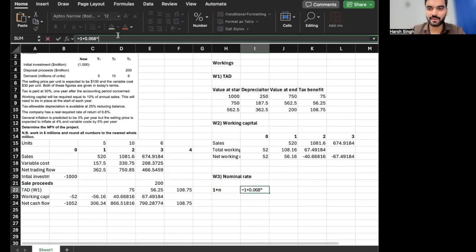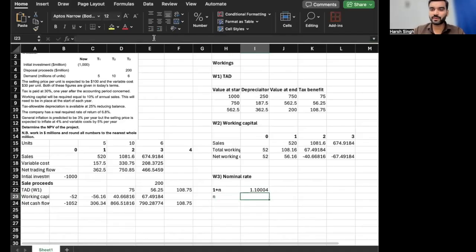So 1 plus r multiplied by 1 plus h. What is the general rate of inflation? General inflation rate is 1.031 for 1 plus h. So n will be equal to this amount minus 1, 10.0004%.